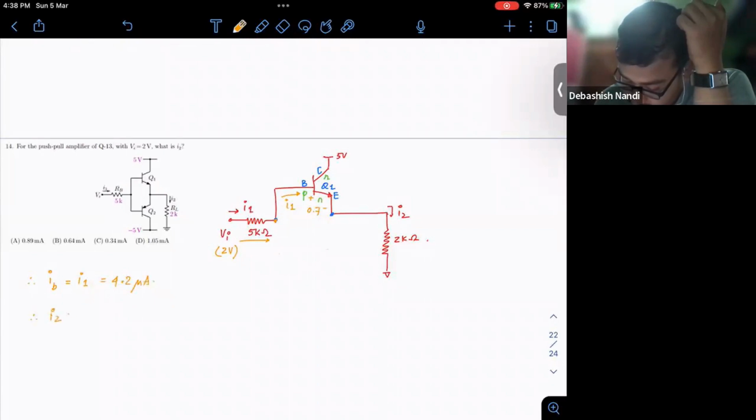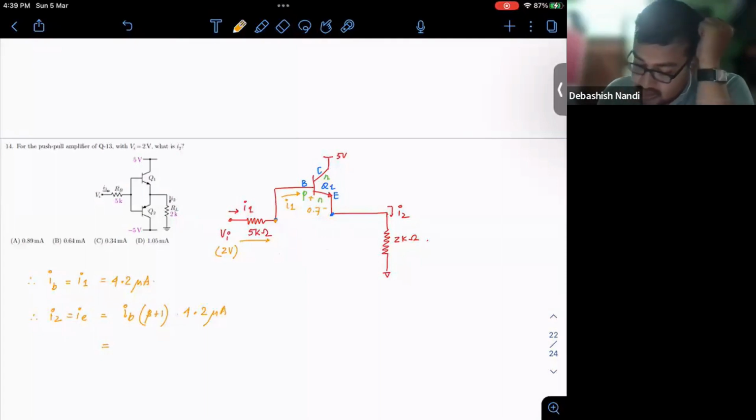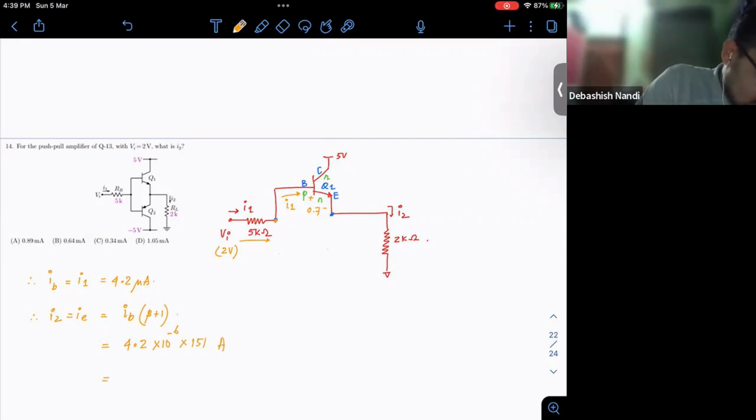So my I2 or IE would be IB into beta plus 1. So IB is equal to 4.2 into 10 raised to minus 6, into beta plus 1, which is 151, amperes.